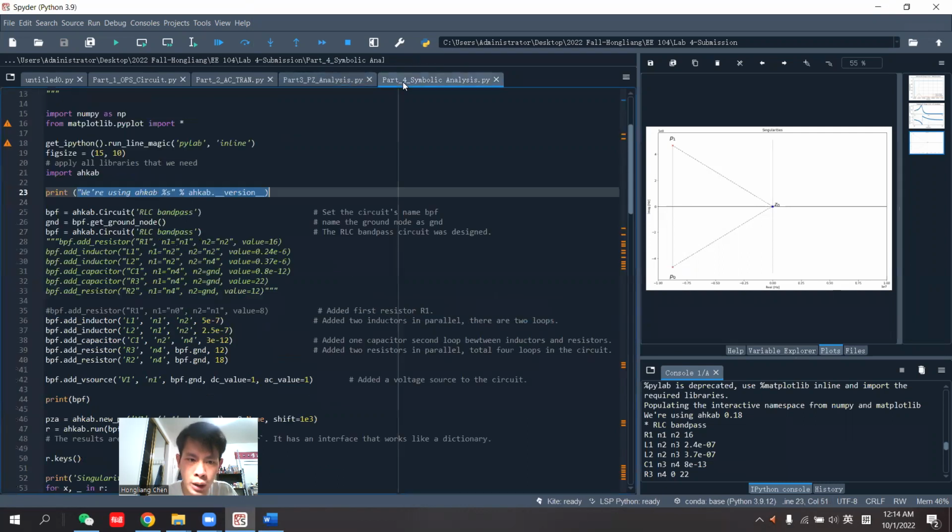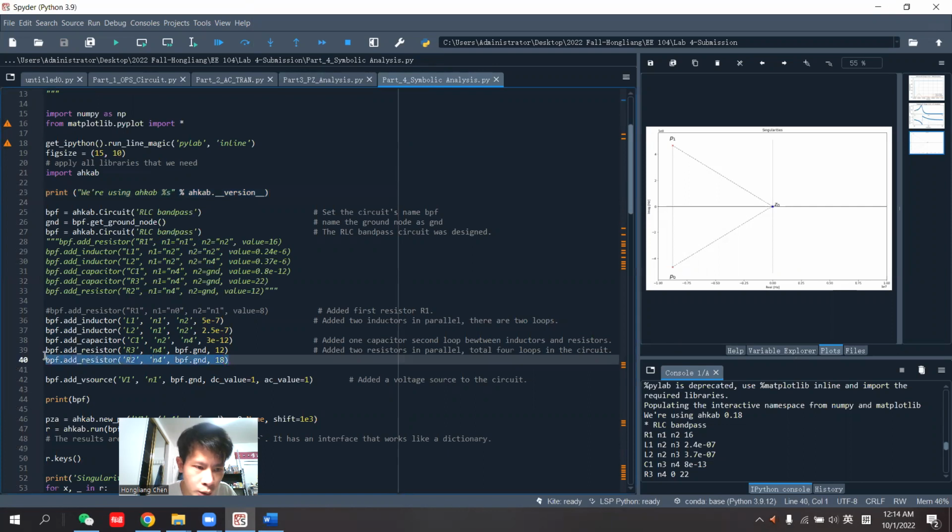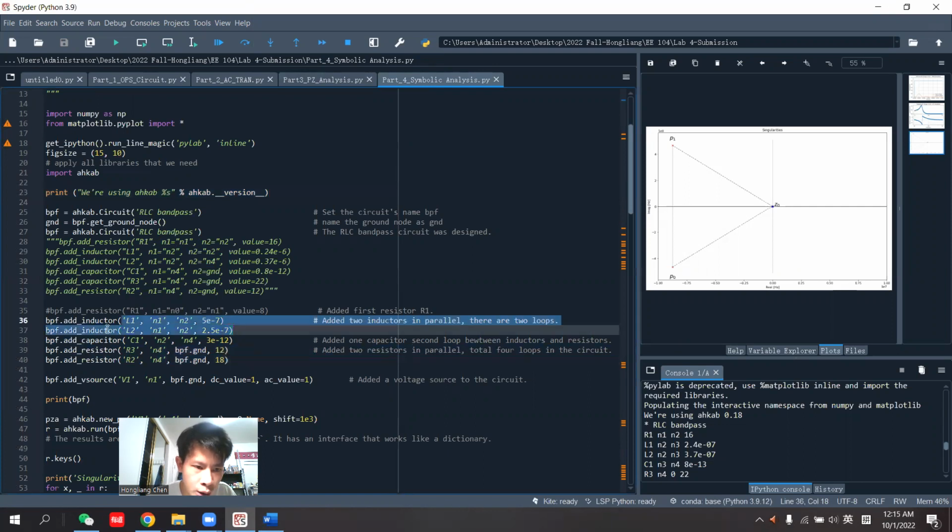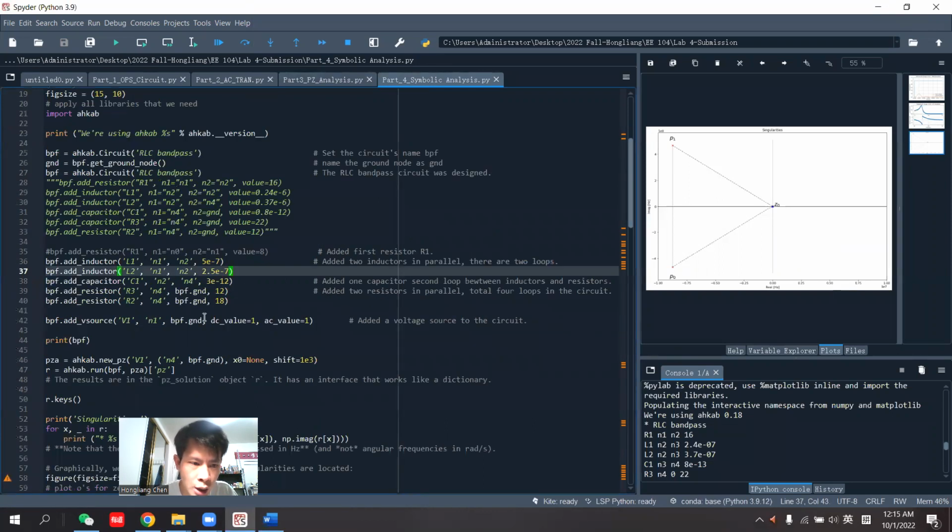In this case, since I have 2 resistors in parallel and 2 inductors in parallel, I have exactly 3 loops.